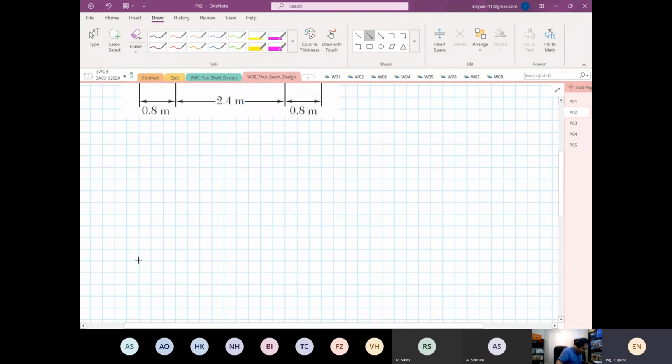So this is our y-axis, this is our shear force. We're going to have 80, 60, 40, 20, 0, minus 20, minus 40.